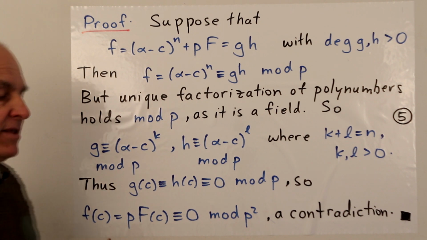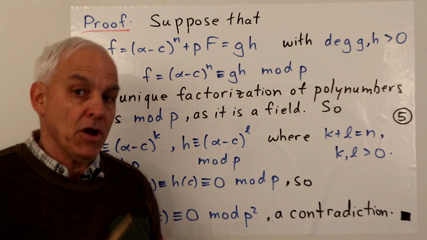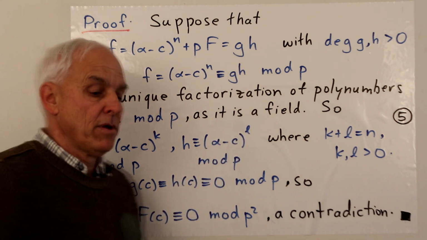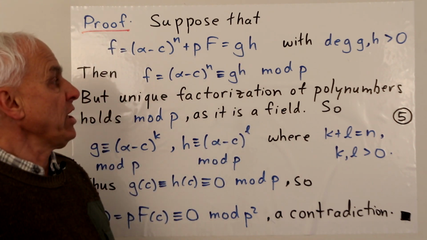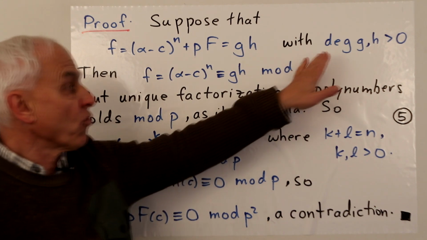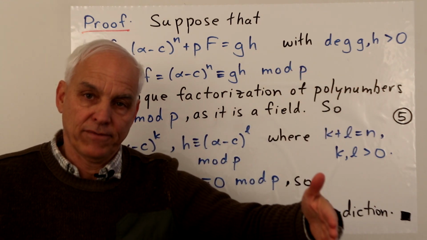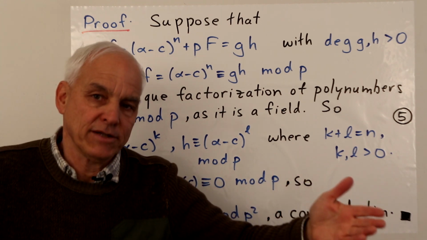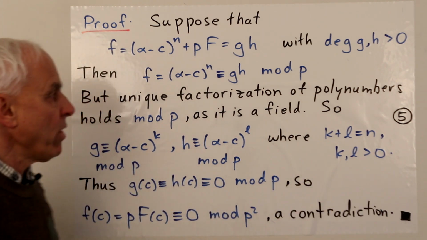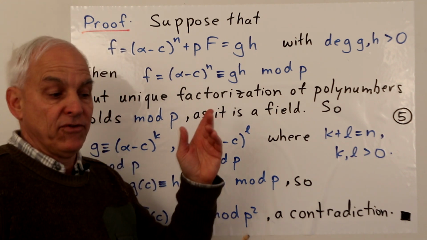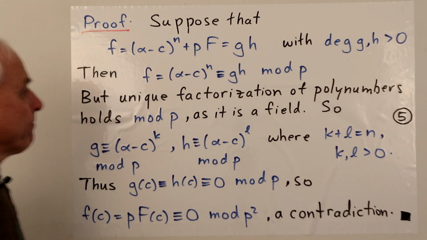And let's suppose that f is not irreducible, in other words, that it can be factored as a product of two polynumbers, g and h, with the degrees of g and h both being strictly positive. So neither of them is just a constant. We want to derive a contradiction, and then that will establish that f is actually irreducible.